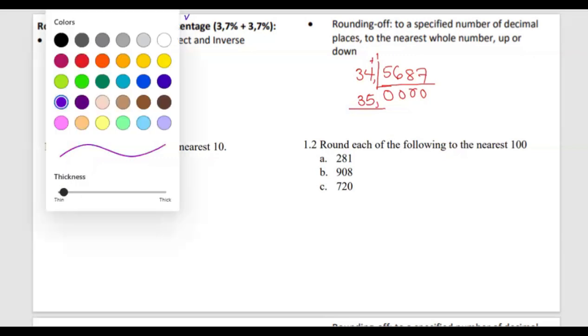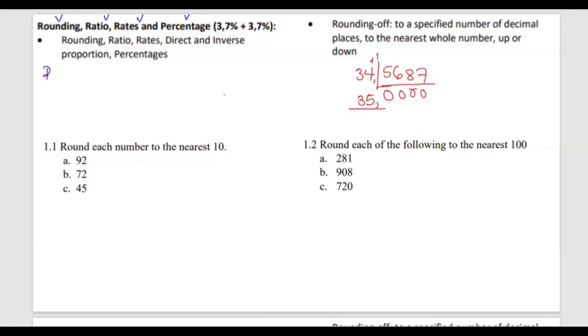Let's look at another example. Round to 3 decimal places, we call them decimal places. They say round up to 3 decimal places, meaning you're going to be left with 3 numbers after the comma.